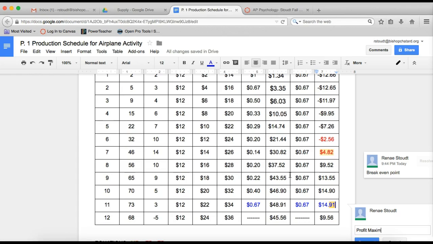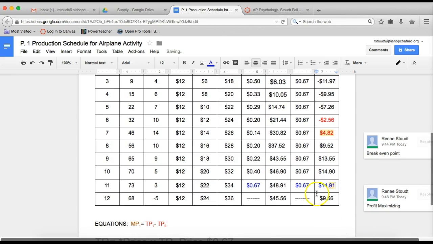The biggest thing that I have to tell you about this is that I have a lot of people that will just look for wherever the profit is the highest. And sometimes you'll have 2 points that are exactly the same, where, for example, this is $14.91 and this is $14.91.